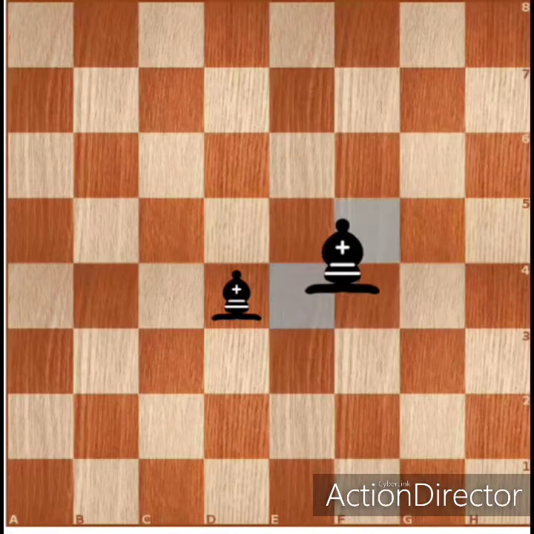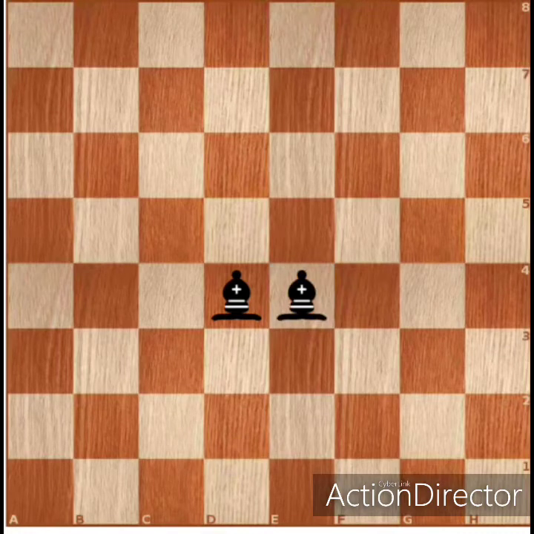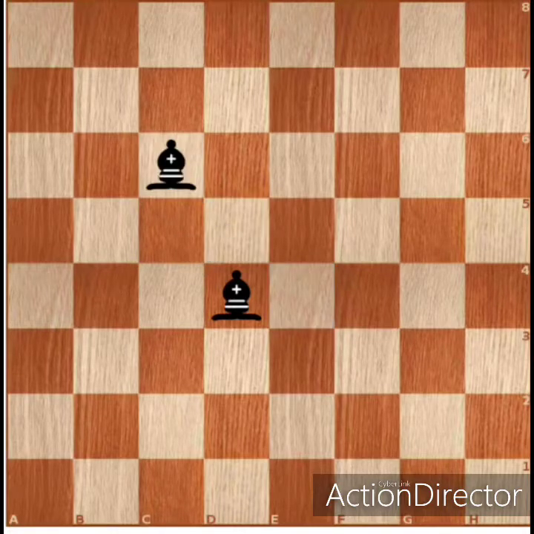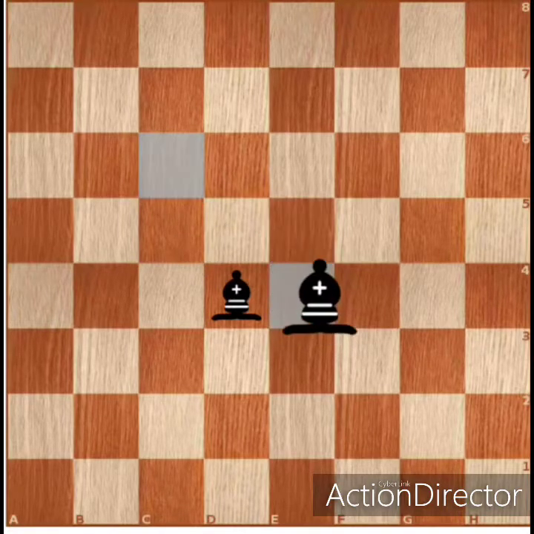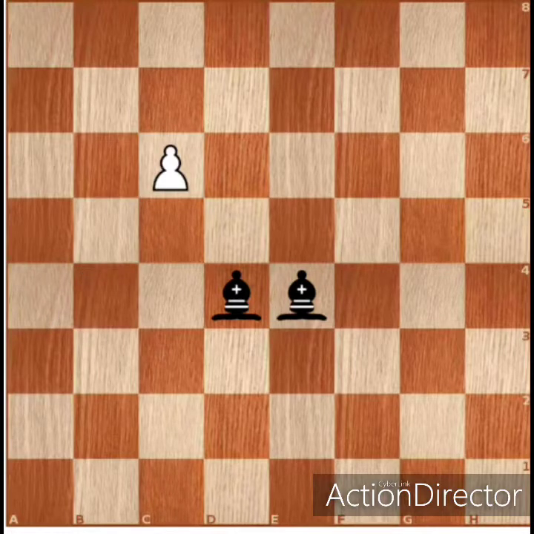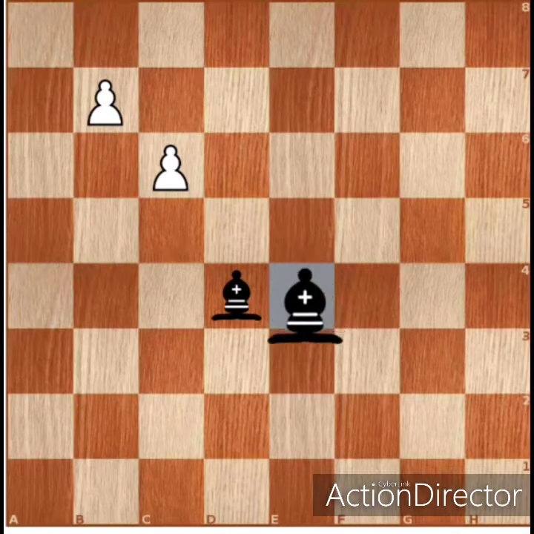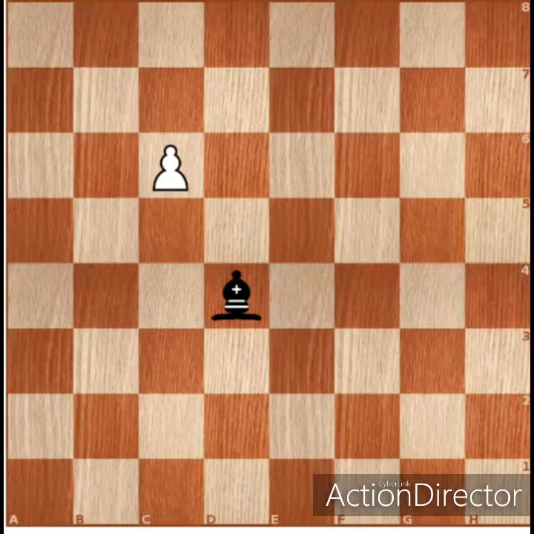Now capture. If this is a pawn, then this bishop can come and capture the pawn. But if the pawn structure is like that, then the bishop doesn't jump over. Now if the bishop captures this pawn, the pawn can capture the bishop.